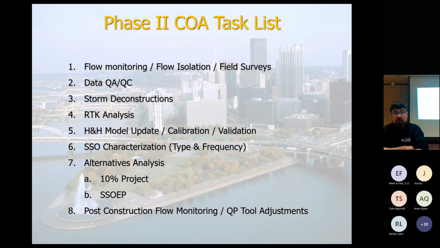Using it for SSO characterizations, the type and the frequency, moving to alternatives analysis, planning for a 10% project, evaluating SSOs to see how you are going to eliminate each SSO, looking at different alternatives there, and then on to post-construction flow monitoring and using the QP tool and getting some adjustments to get you back to 2008.